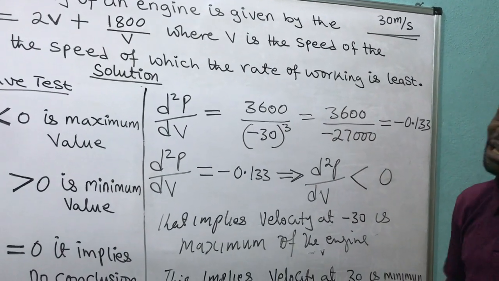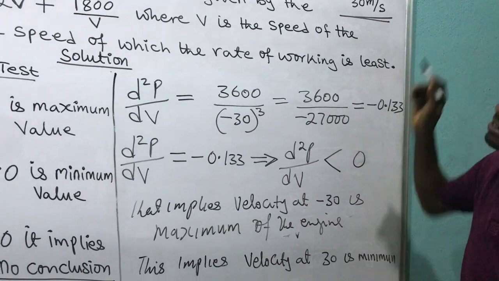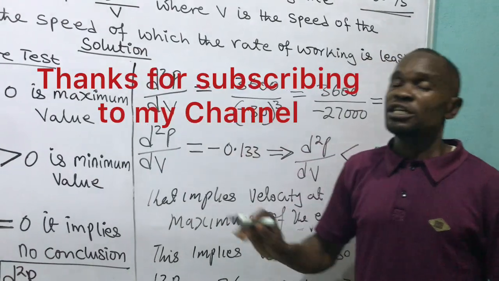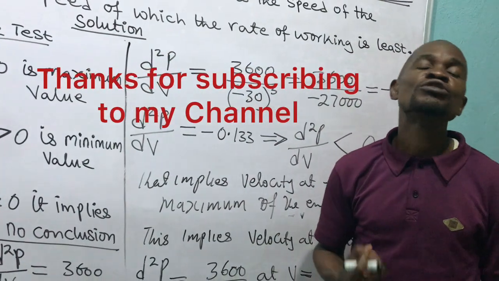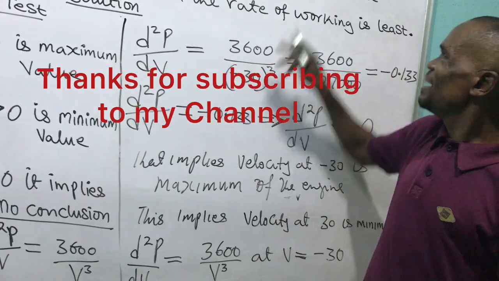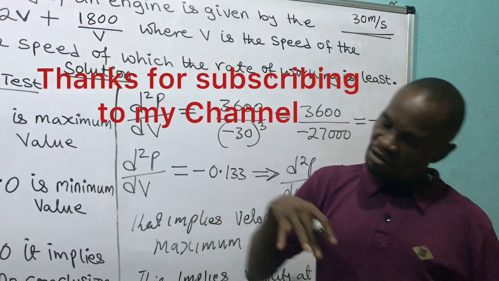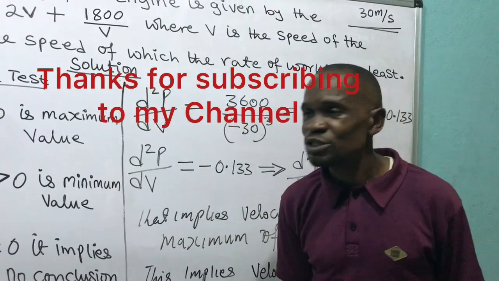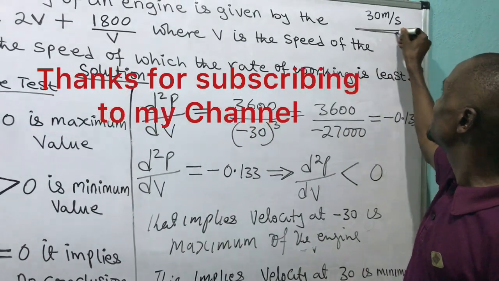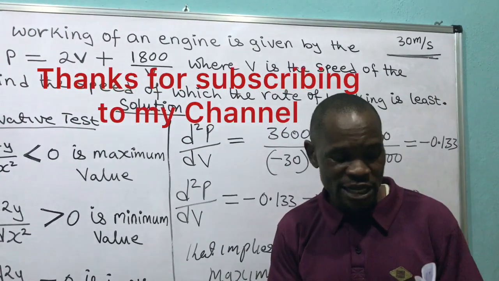But at minus 30 meters per second, the engine is running at the maximum speed. At this 30, it's working at the least speed. So our answer is 30 meters per second. And that's what we have for you today.